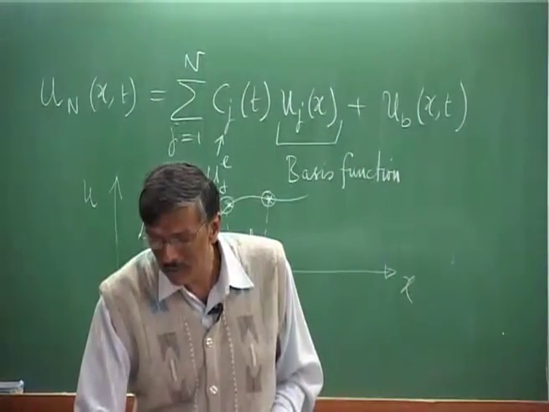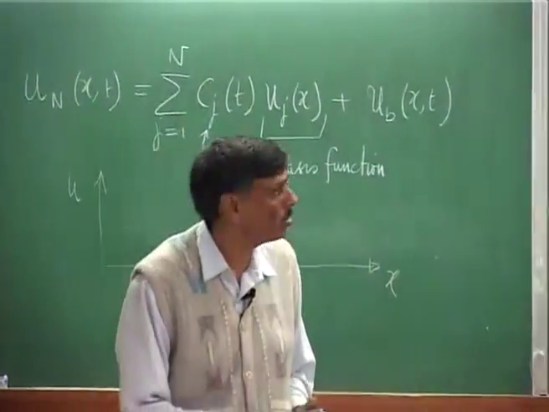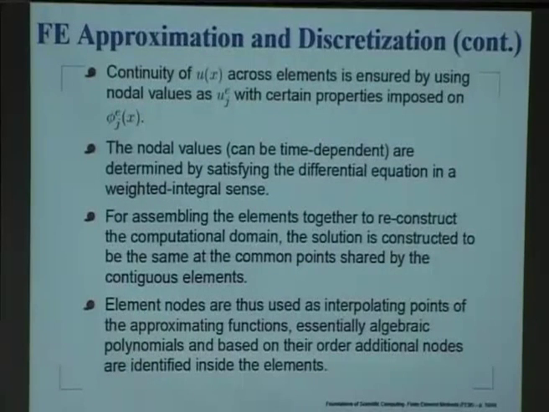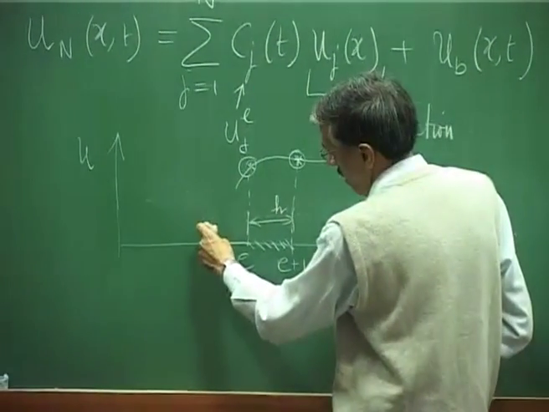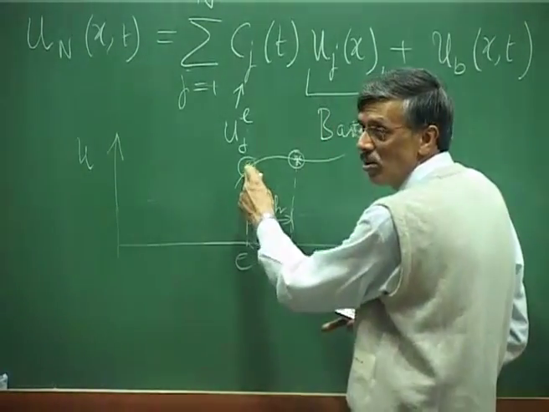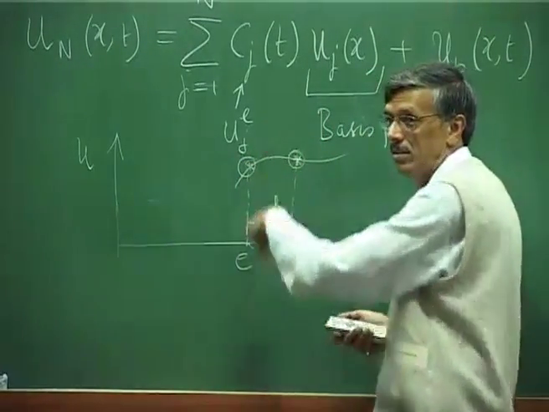That is how we go about it, and continuity of the solution u of x across elements is ensured the moment I say that uj of E are nothing but the solutions at the nodes themselves. So for this element this value is there, and for the predecessor also I take that value. So there is no discontinuity at that node point.